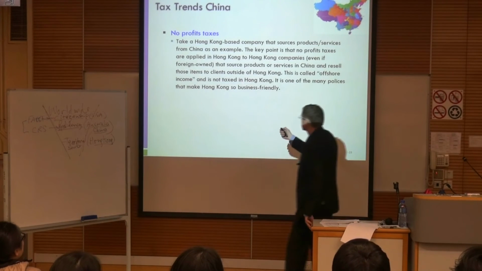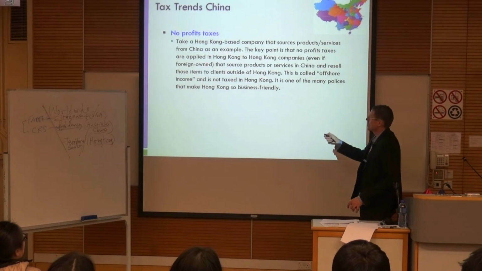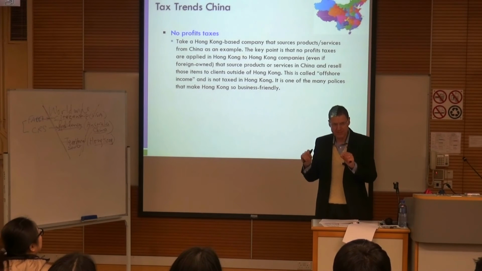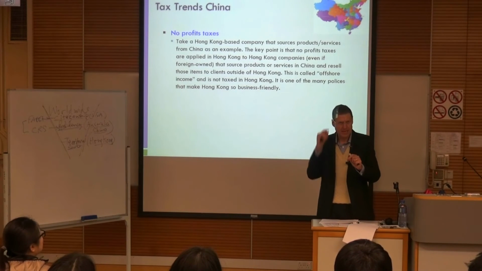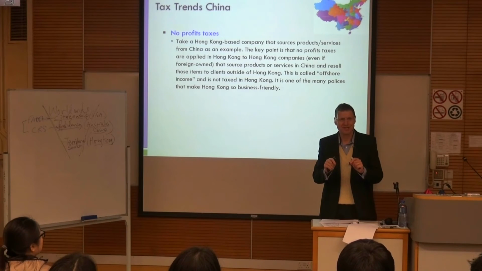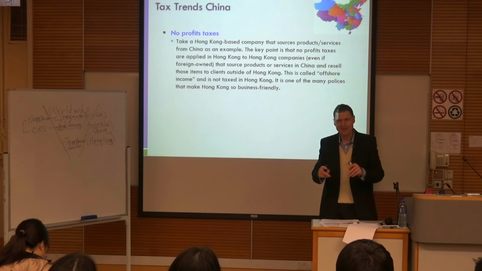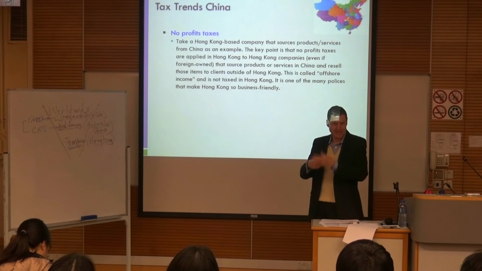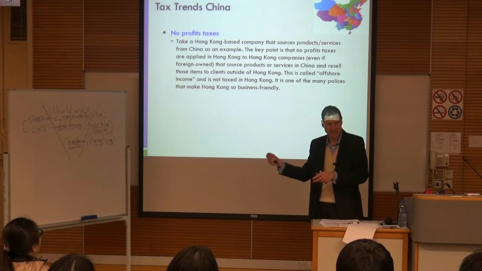Okay, so just note that your company in Hong Kong, you have to specifically designate it as a particular transshipment type company. Okay, and so it has to be registered like that in order to have this status of not having to pay any tax on goods coming in, goods coming out.